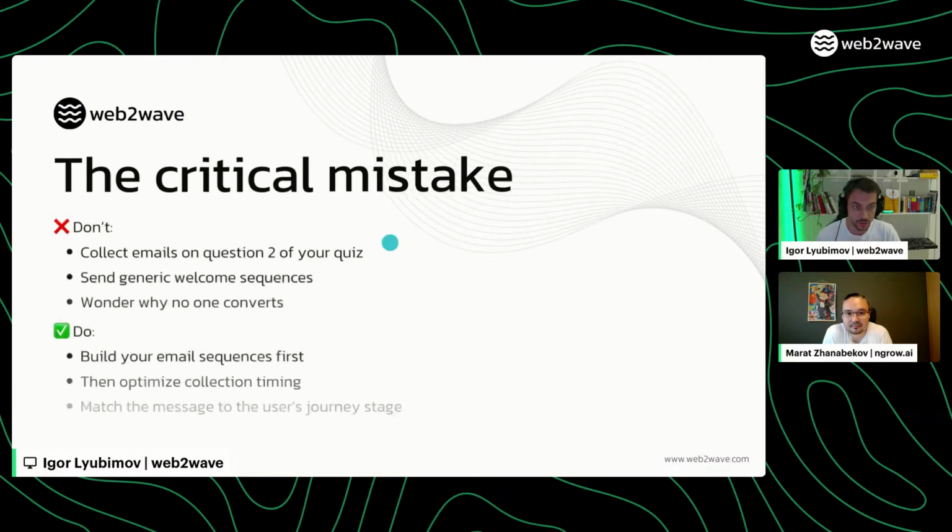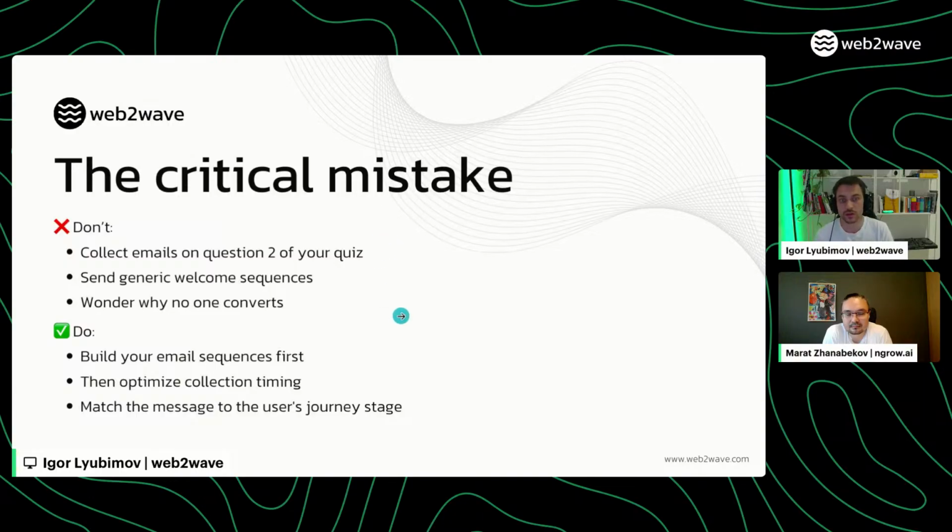And while you're experimenting, it's crucial that you do not collect emails too early. You have to provide them with value. If you get their emails, work on your email sequences and do not send just generic emails like "hey, buy our subscription", or really simple emails. They have to be complex and the sequences have to be long.